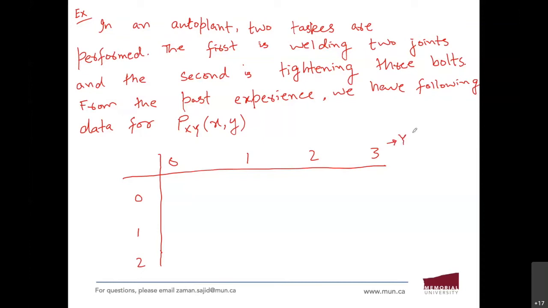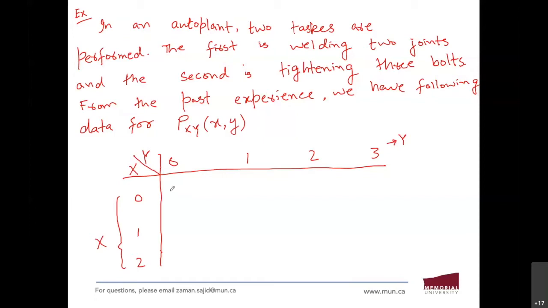Let's say this is my variable for improperly tightened bolts. And these are the other random variable, which is x, the number of defective welds. Because I am going to display the values corresponding to each other, here I will just divide this cell and say this is my y values and these are my x values.